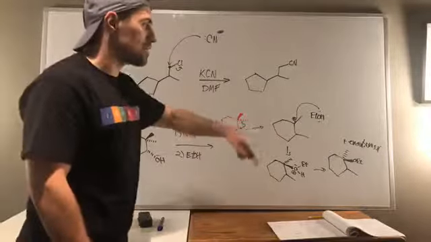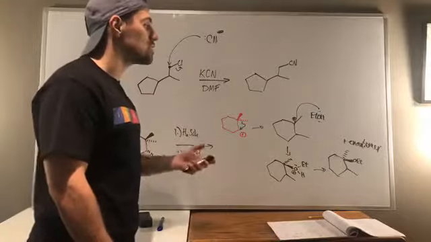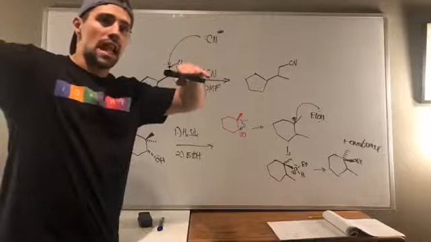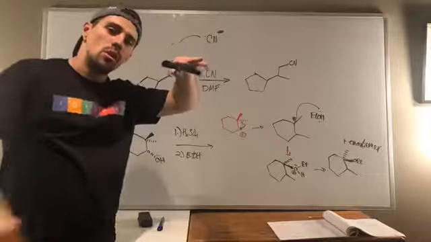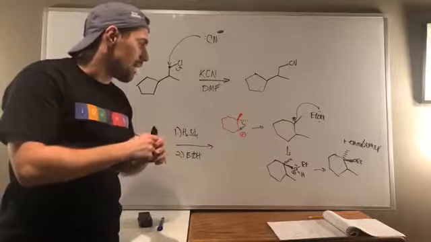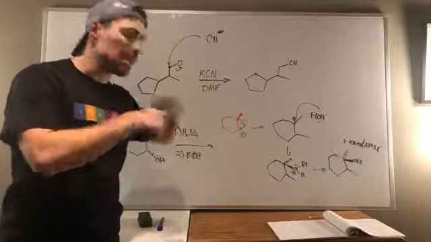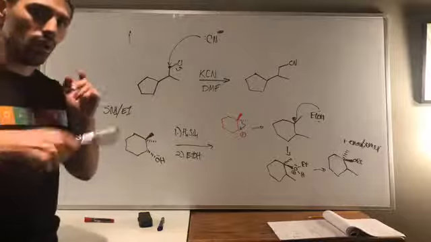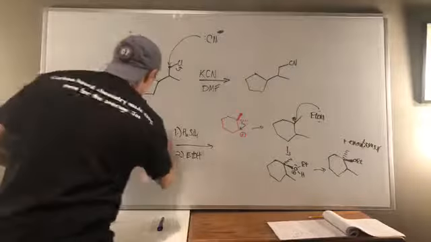Then we attacked and did the rest, and we knew we produced a stereo center because in SN1, we're attacking an sp2 carbon, which means we don't have any problem attacking from this angle or this angle. And then we just knew we had to pick one enantiomer to show, but then write plus an enantiomer to make sure we got all of our points. Okay?